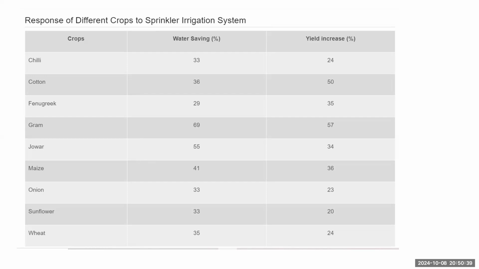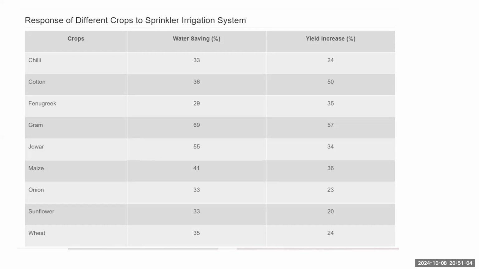It not only saves water, but also increases the yield of the crop. Yield means what? It's the production. We can see that for the chili crop, as compared to conventional methods of applying water, the sprinkler irrigation system results in a 24% yield increase.